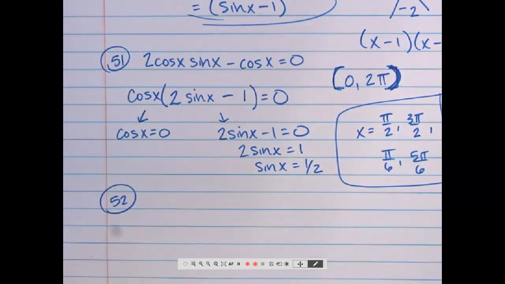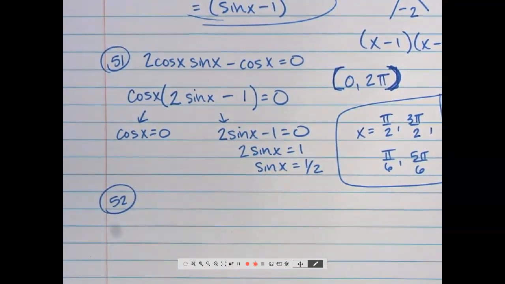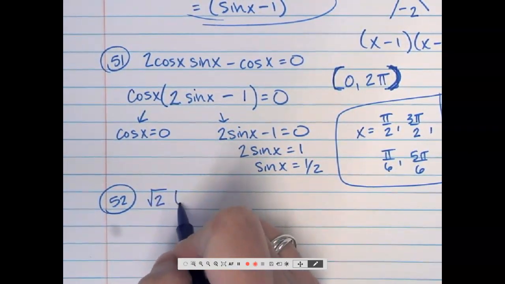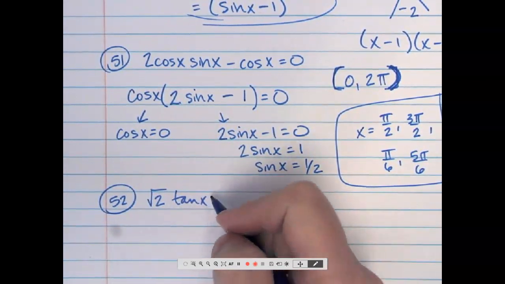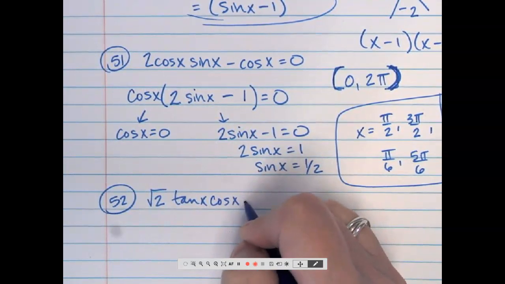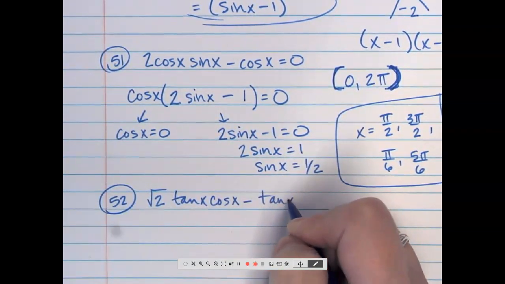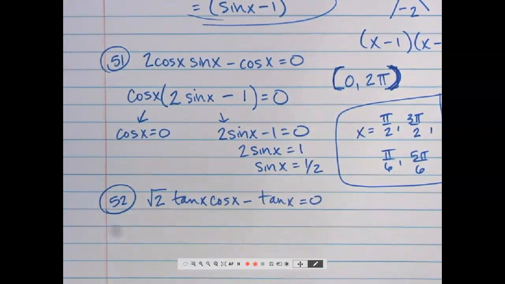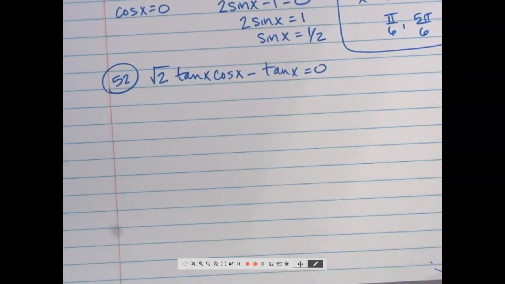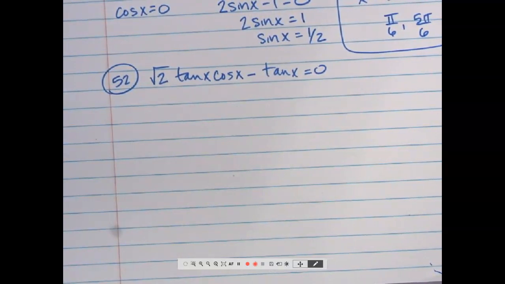All right, 52. Square root 2 tangent x cosine x minus tangent x equals 0. Okay, so this is kind of similar to the last one. I can't add those two terms.